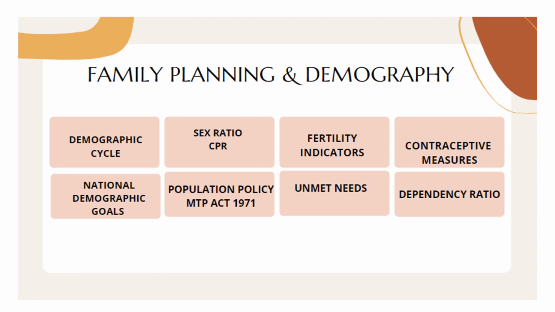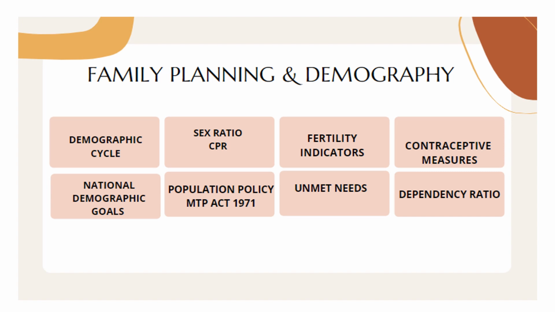Coming to family planning and demography, you should of course know the demographic cycle. Where is India right now? The national demographic goals, sex ratio, couple protection rate. In fact, these are also given like this in your block: the sex ratio has gone down, or your couple protection rate has gone down. What are the measures that you will adopt?